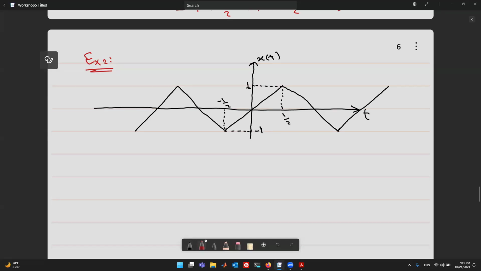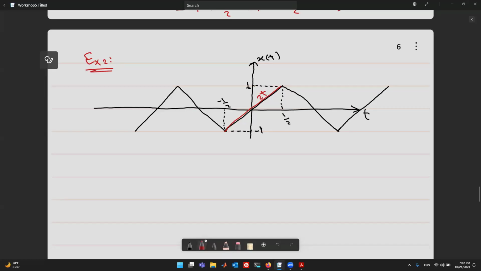So this part of the signal is given as 2t, right? When t equals minus half, the signal takes the value -1. When t equals 1/2, we get to 1.